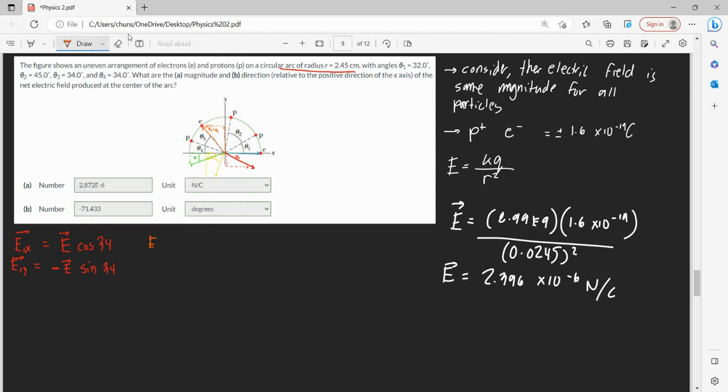Next, we have our second one, which is in the negative x direction, and that is E cos of 34 plus angle 3, 34, if I'm not mistaken.